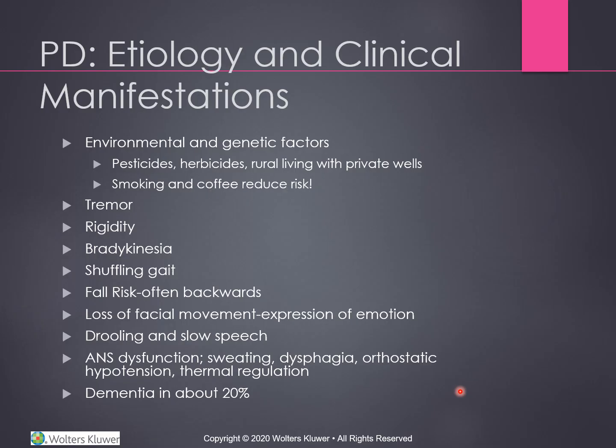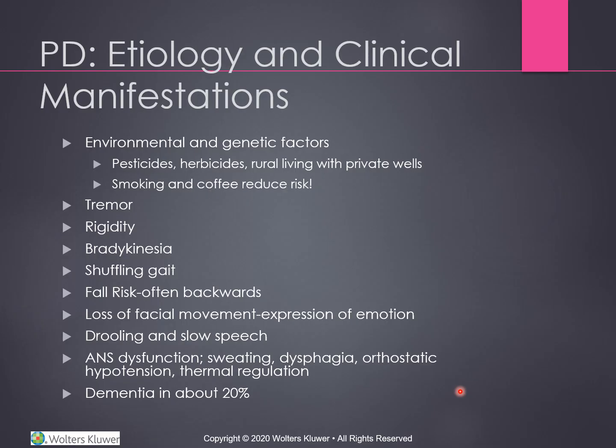So they get that same tremoring and rigidity of their face. And so this causes them to lose the ability to make different facial expressions of emotion. So a common clinical manifestation you see with Parkinson's patients is this mask-like facial expression. They're unable to express any emotions really at all with their face because of loss of movement and muscle control.